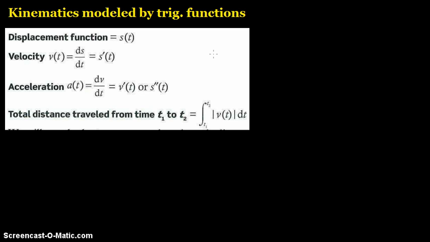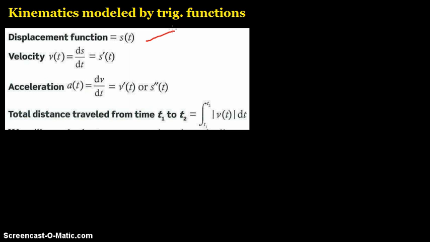I hope those terms, displacement, velocity, acceleration, are not terms that you're unfamiliar with, because we actually dealt with them before. I'm going to go over all of them really quick. The displacement function is just the position of the object at any given time from the origin.